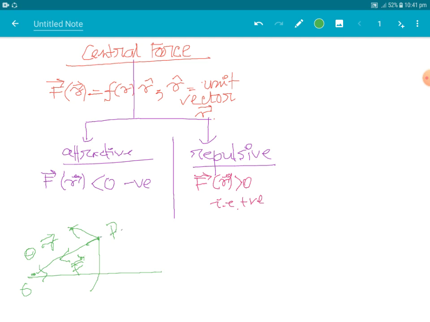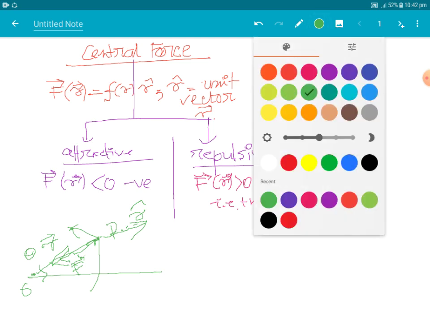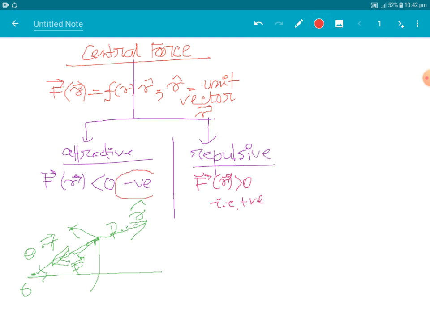Now we extend this r cap. We can see simply that the direction of r cap is along this, but the force acting on the particle is directed towards this, opposite to the direction of r cap. So F(r) is negative in this case.